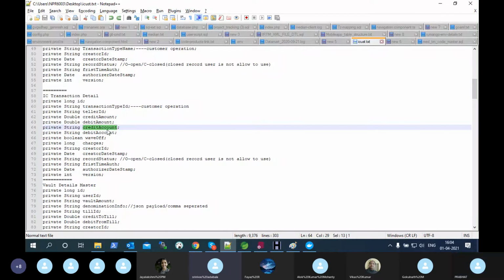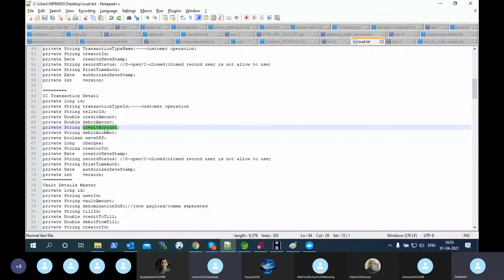So credit account is nothing but bank account here. It is not like bank account. There are multiple types of transaction. One is like, suppose you are doing a cash transaction, at that time your account will be involved and one bank account will be involved. Suppose you are sending money to your friend, then your account will be involved and your friend's account will be involved. Got it? In that one, bank account will not come.